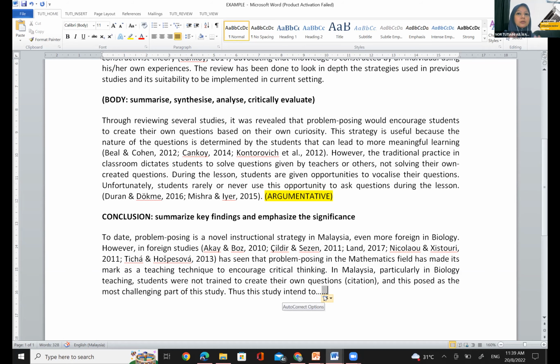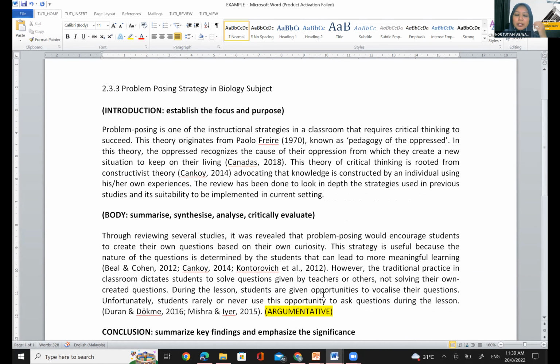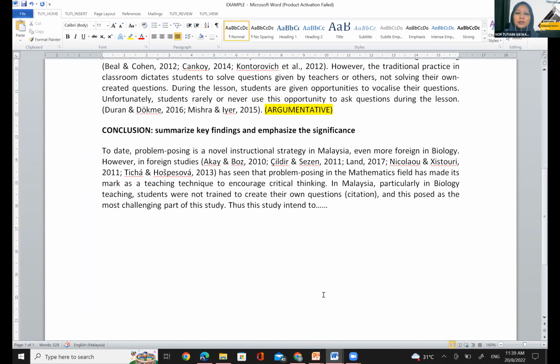Okay, dia macam tu. Dia memang begini. Maksudnya in the first one introduction kita cerita dulu. The body kita kena summarize and critically evaluate, and then the last one conclusion tu kat sinilah kita kena highlightkan the key finding.